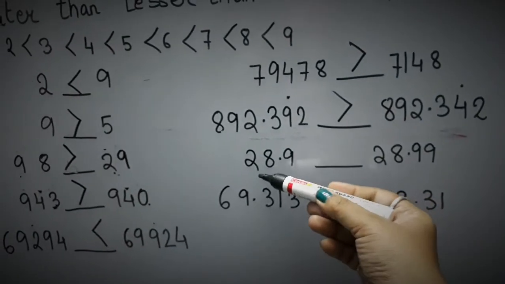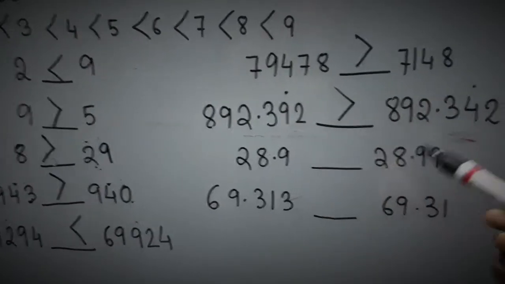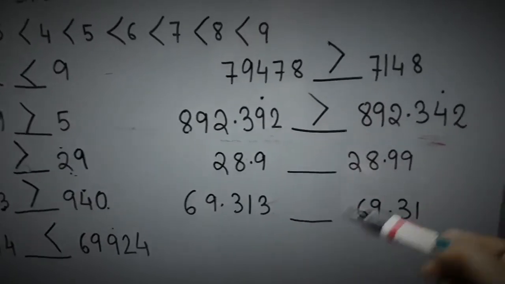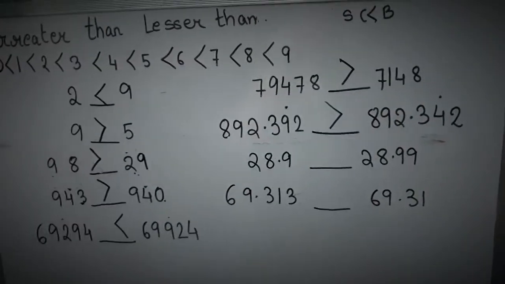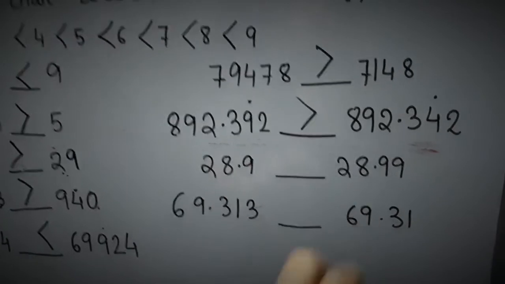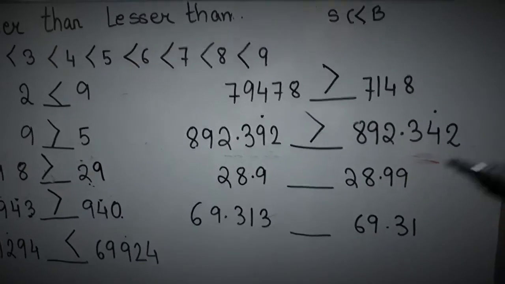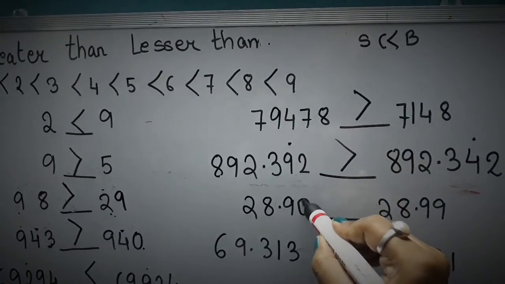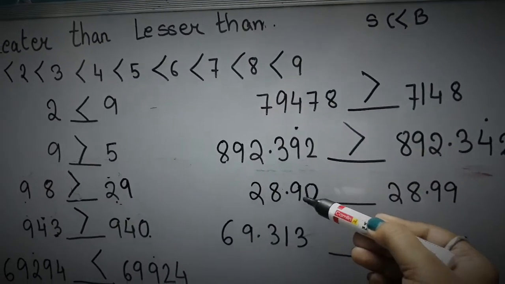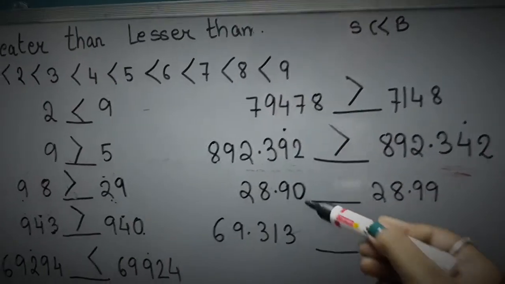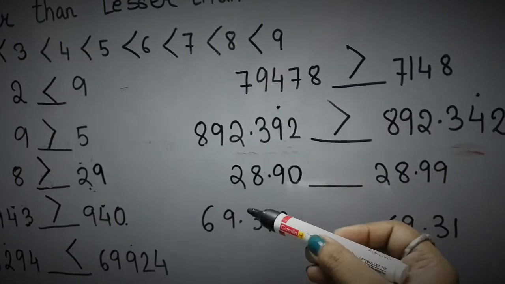Then 28.9, yeah, 28.99. Now 28, 28 same. After the point there is 9. After the point there are 2 digits. Now you will get confused here: ma'am, here it is 3 digits, here it is 4 digits. Of course this is greater. Yes, that is greater. But until you put a 0 here, you can't understand. Because in decimals there is a rule that after the point you are not supposed to put a 0. So if there is no digit, you can imagine a 0 to make it equal digits.